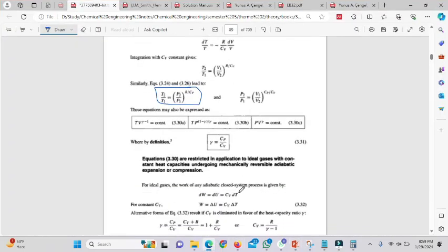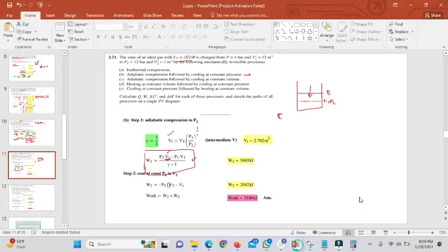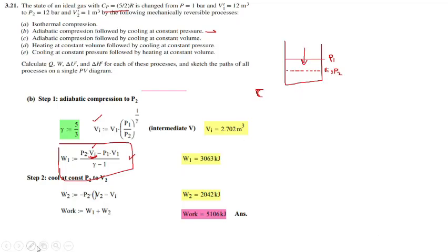From the book, you know that Cp is equal to Cv plus R. So in order to find Cv, Cv will be equal to Cp minus R. Cp is 2.5 R, 5/2 is 2.5, minus R. So 2.5 R minus R will be equal to 1.5 R, so it will be equal to 3/2 R.